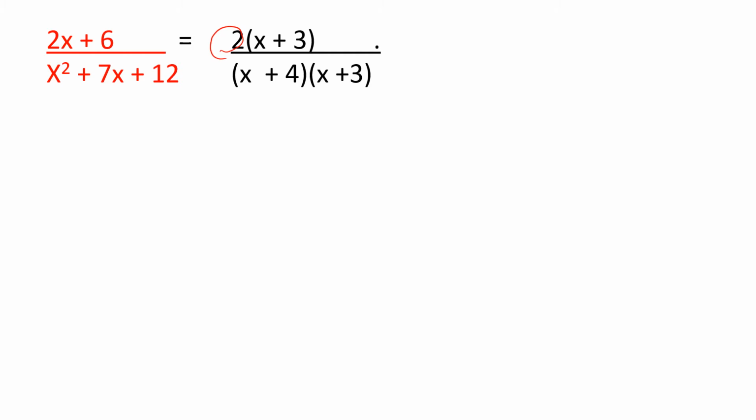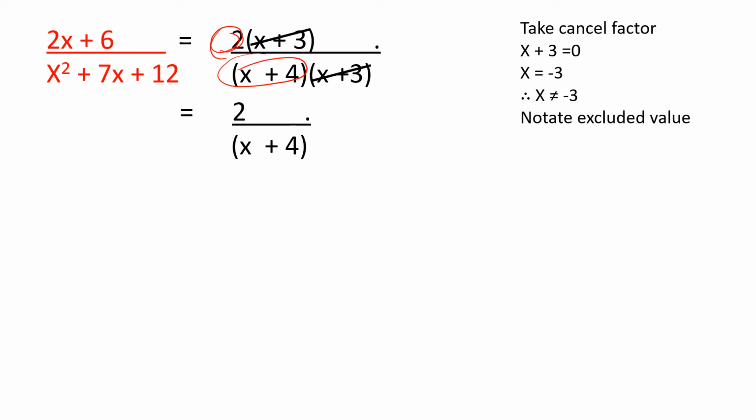And from there, then, we can cancel out the common factors of x plus 3 over x plus 3, and you get this reduced 2 over x plus 4. That's what you're left with. That's your reduced fraction. But you have to denote what excluded values x cannot be.